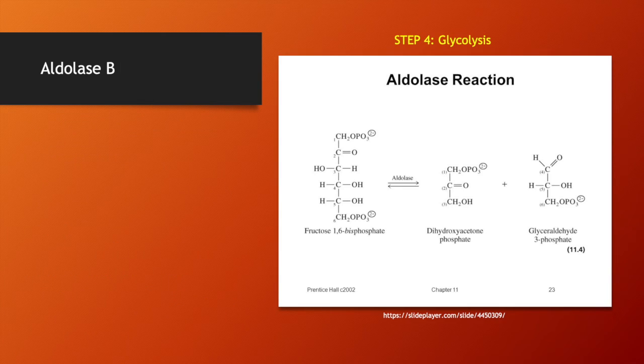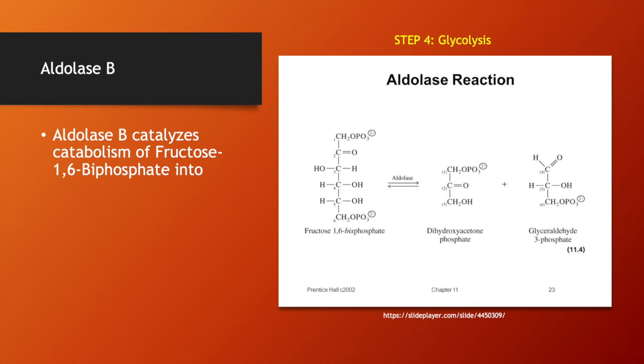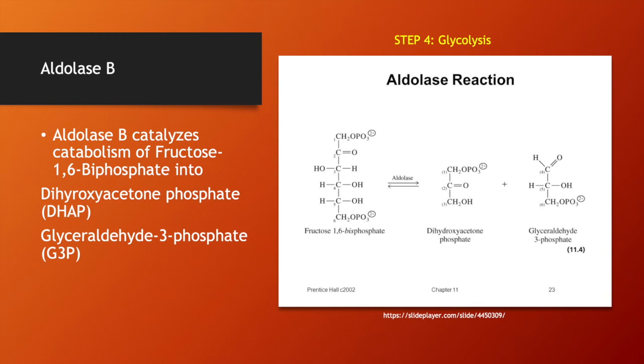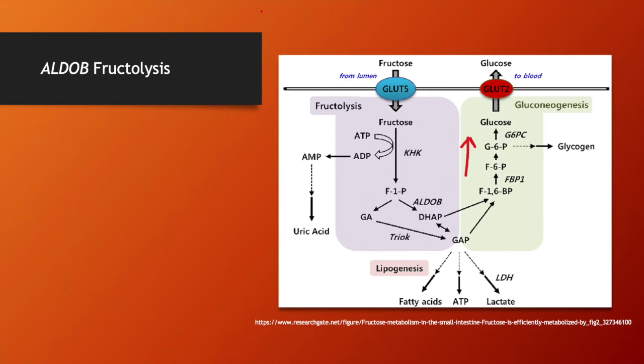So like all the other isoforms, aldolase B is going to help catalyze the reaction in step 4 of glycolysis. So it's going to catabolize fructose 1,6-bisphosphate into DHAP and G3P. But aldolase B is also important in the process of fructolysis.